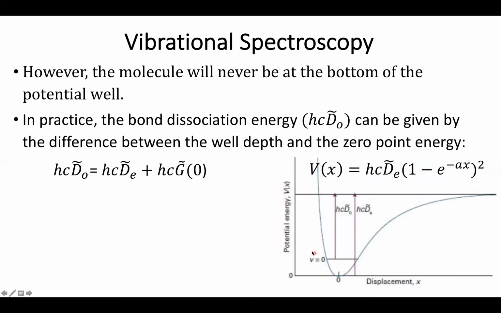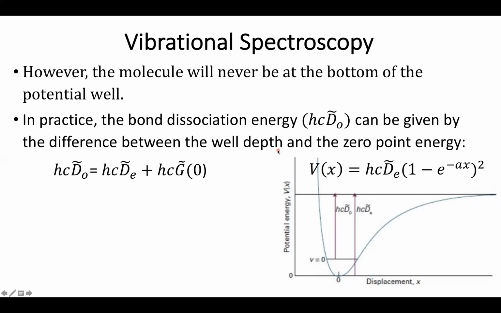So in practice, what we can do is get our bond dissociation energy, which can be given by the zero point frequency. So this is going to be the frequency of light required for our molecule to dissociate from the ground state.